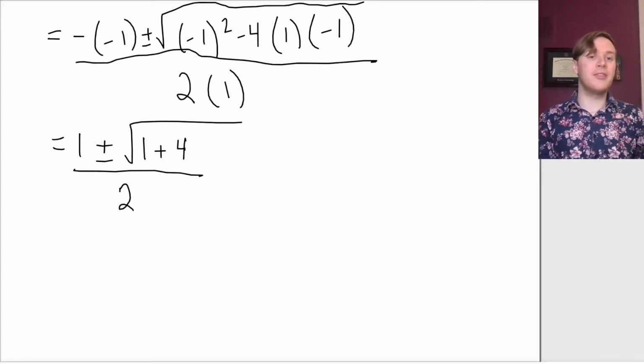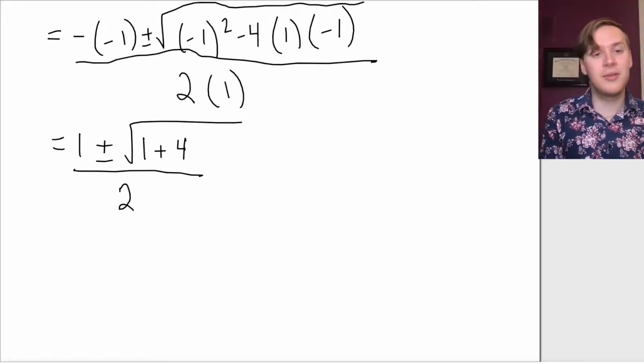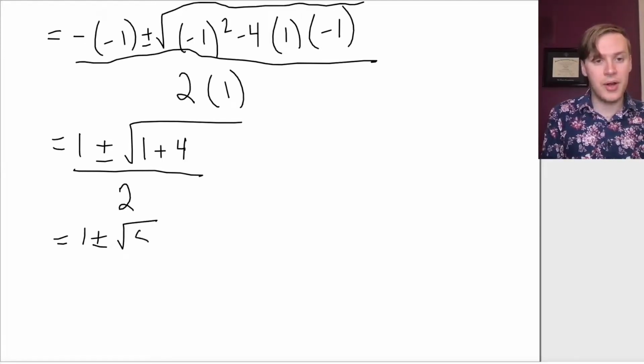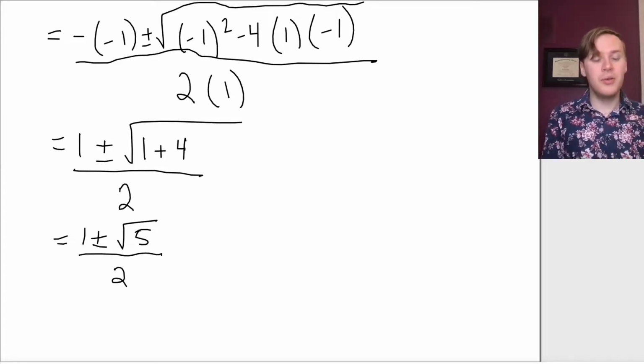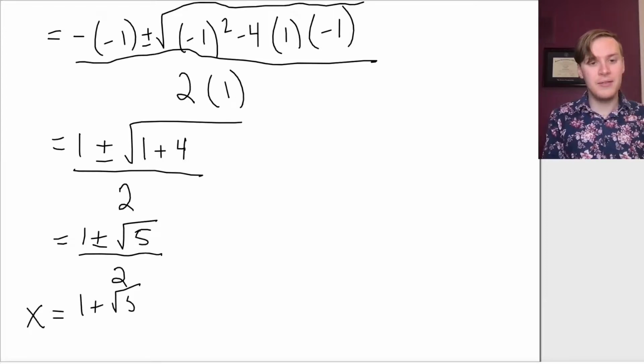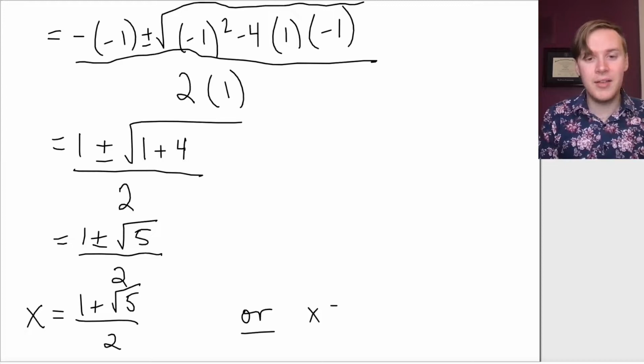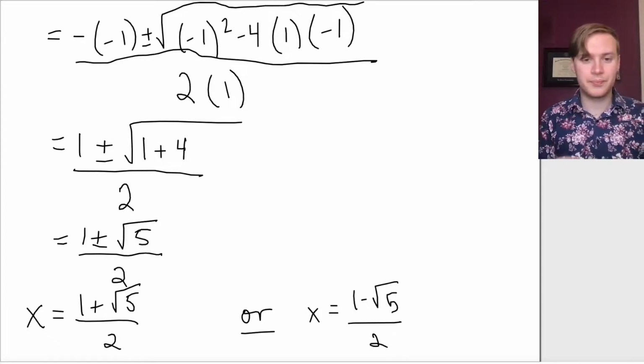All we have left is to add up everything inside the square root, and we get 1 plus or minus square root of 5 all over 2. So in other words, x equals 1 plus square root of 5 over 2, or x is 1 minus square root of 5 over 2. What do we notice?